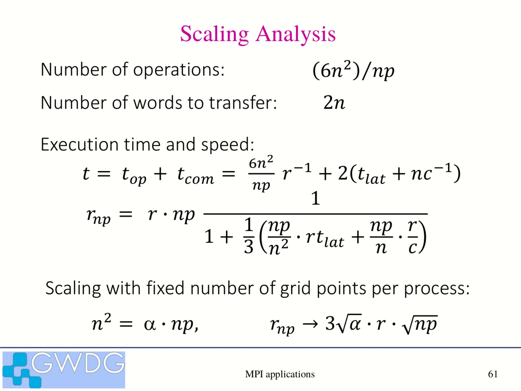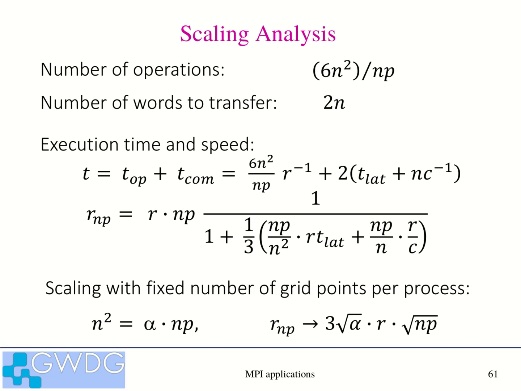And then the communication takes the time, which, because I have to communicate to the left and to the right, has a factor of 2, twice the latency, and in every communication step we have n values to communicate with the inverse bandwidth.